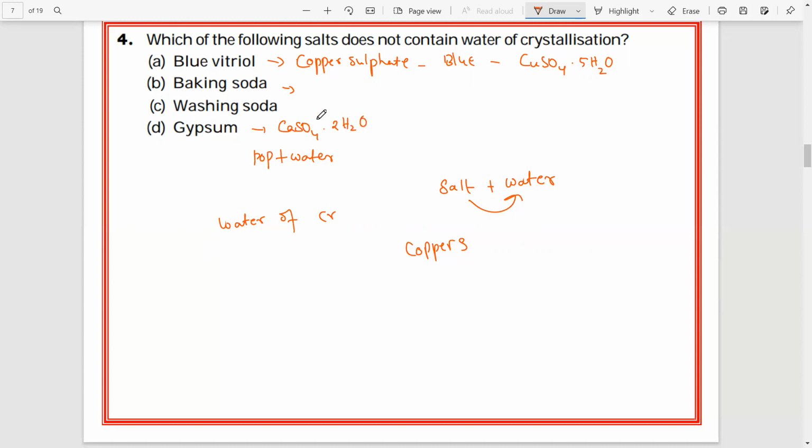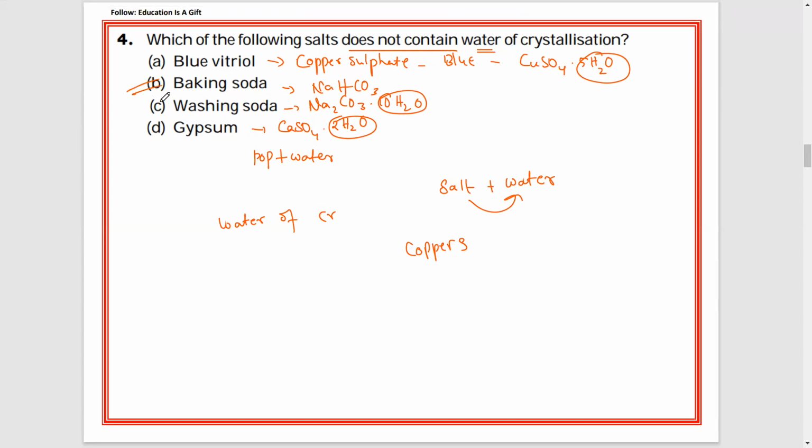Then washing soda, Na2CO3.10H2O. While baking soda is nothing but sodium hydrogen carbonate, sodium bicarbonate, NaHCO3. Here in blue vitriol we have water, in washing soda we have water, in gypsum we have water, but in baking soda there is no water. So which of the following does not contain water of crystallization? Answer is B, baking soda.